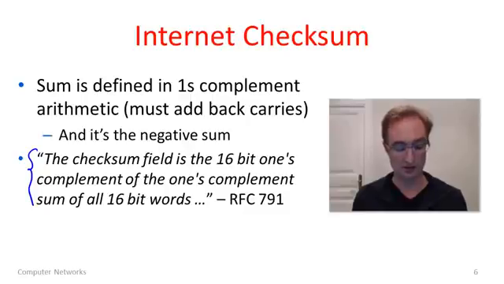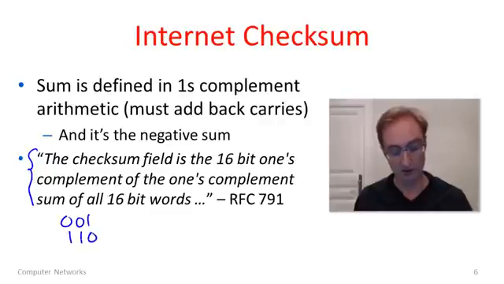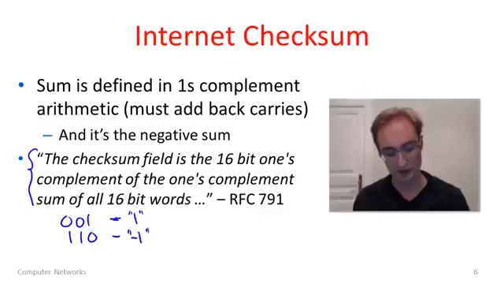Ones complement notation is a way of describing binary numbers such that the ones complement, or flipping all of the bits of a number, gives its negative form. So for instance, if I have 001, the ones complement, or bit flip, of that is 110. So this is 1, and this other bit pattern is -1 in ones complement.